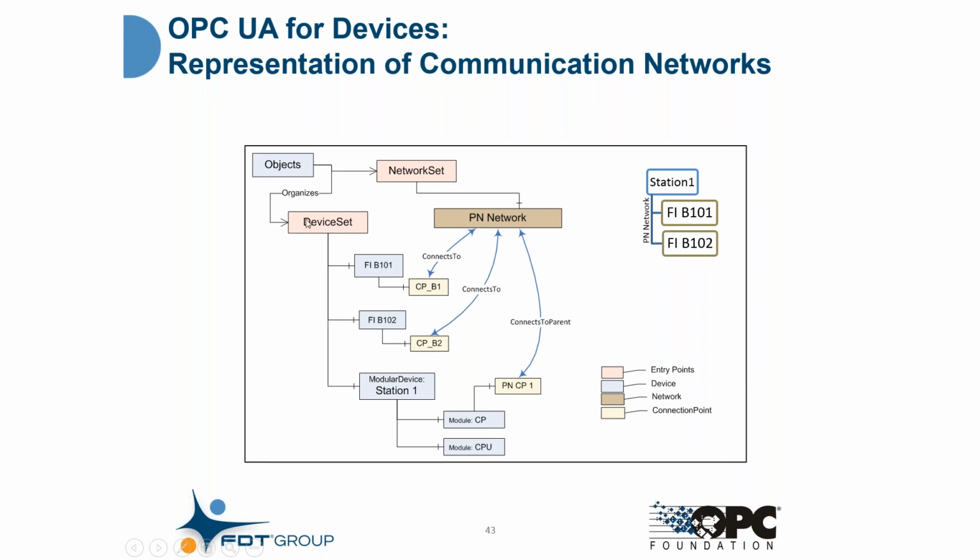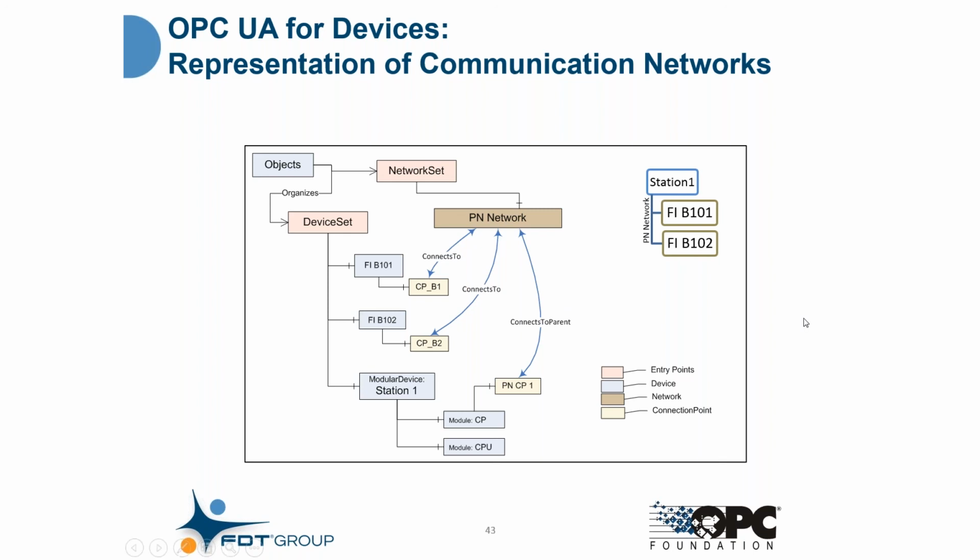So a station is represented as a device, and the field devices are represented. And then there's a network set which represents the networks within the topology. So the PN network is represented here. And each device provides connection points, and the PN network basically references the connection points in different ways. So we have connects to pairs or plain connects to in order to represent the network topology.